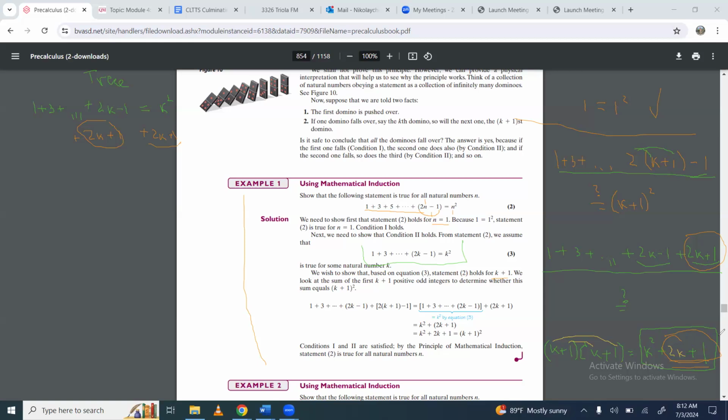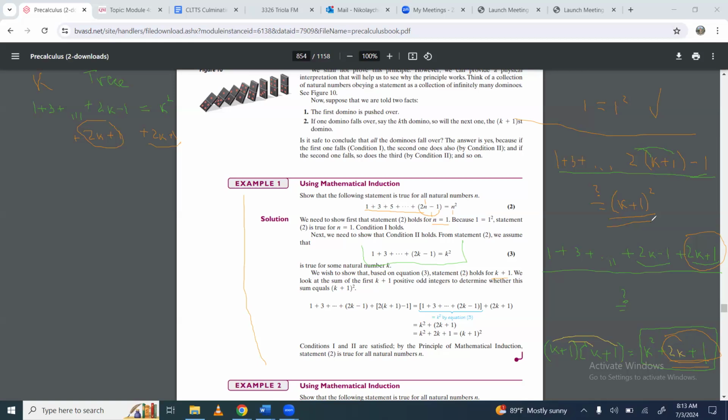So if it works for k, then it works for k plus 1. If it works for previous, it works for next. So we say k and k plus 1. If it works for k plus 1, it works for k plus 2. Works for previous, works for next, and so forth. So it works for everything.